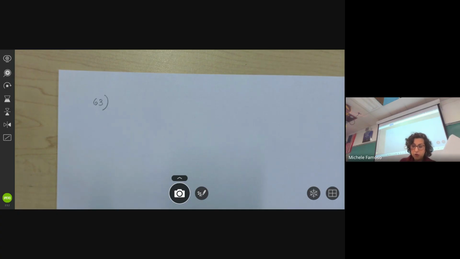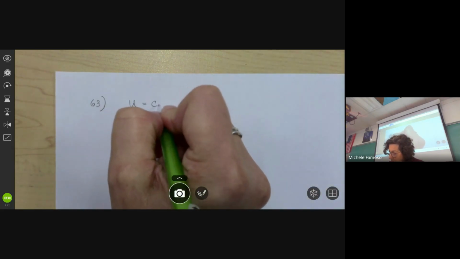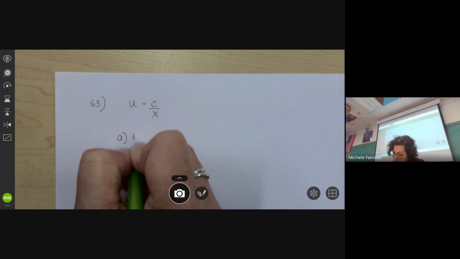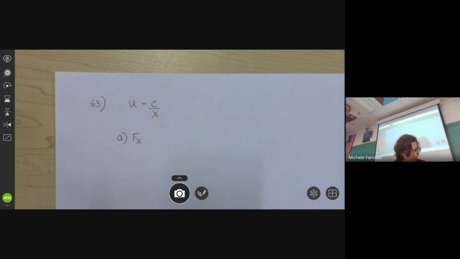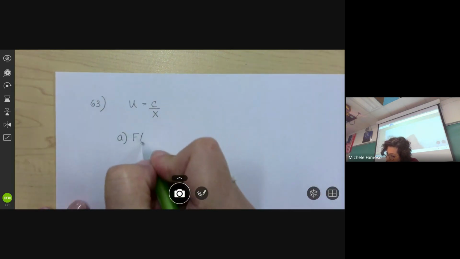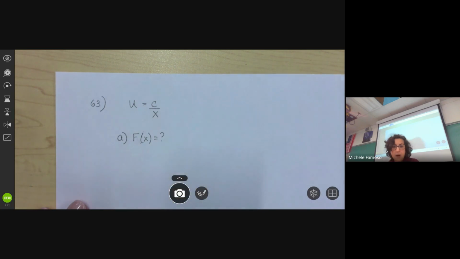Problem 63 on page 180 says that we have a potential energy function. We use capital U for potential energy, given as C over X, where C is a positive constant. I want you in part A to find the force as a function of X, or F of X. What is F of X?